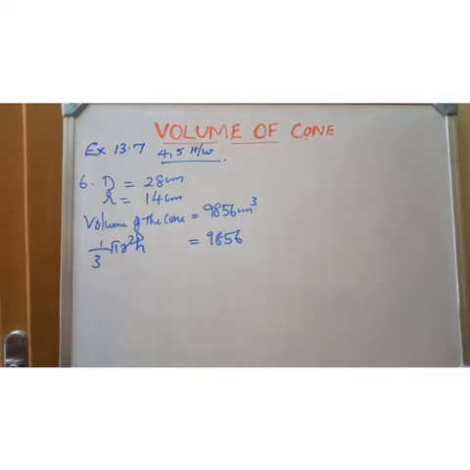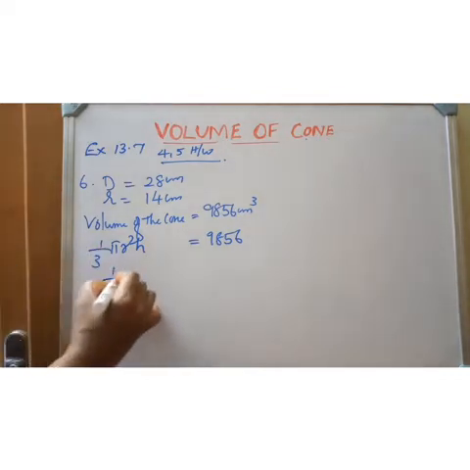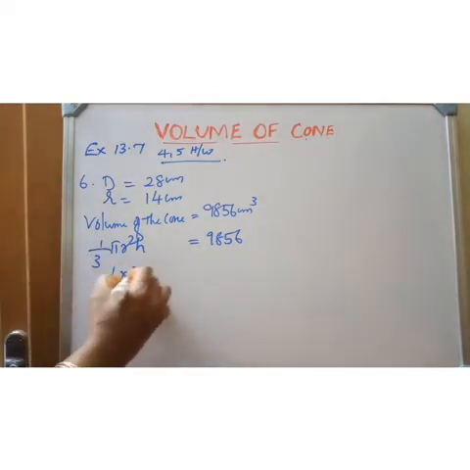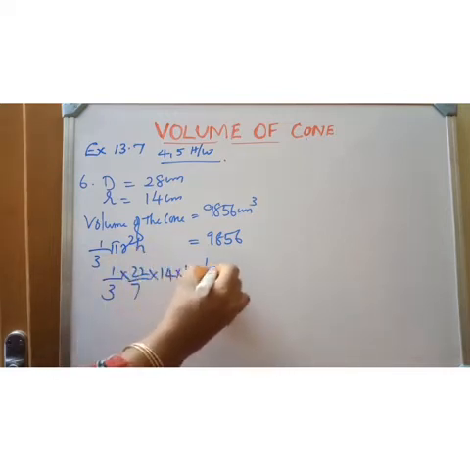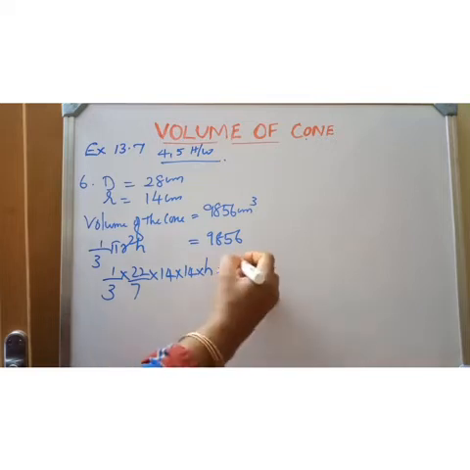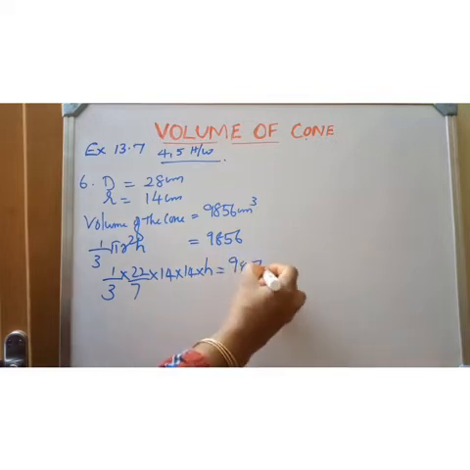For that, what we have to do means, we must substitute the pi value 22 by 7 and the r value in this left side. We will get 1 by 3 into 22 by 7 into 14 into 14 into h. That is our right side 9856.